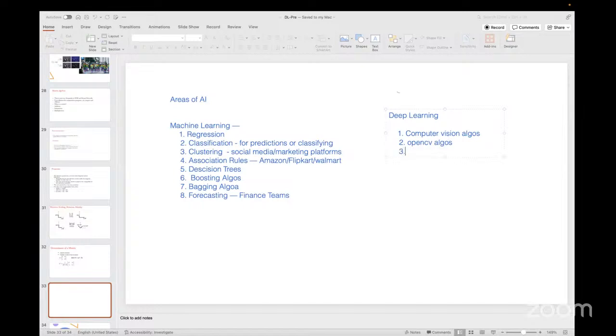We also cover NLP, NLG, NLU: natural language processing, natural language generation, and natural language understanding.